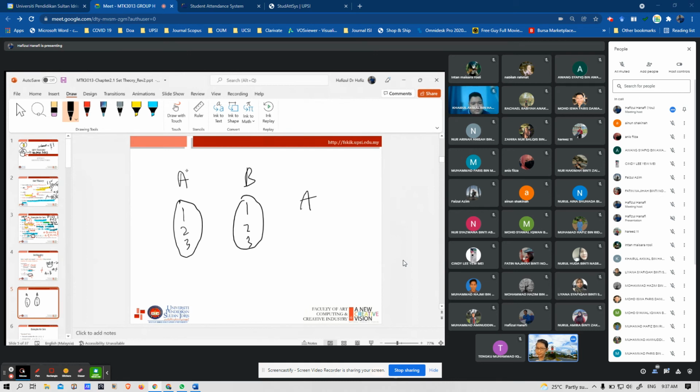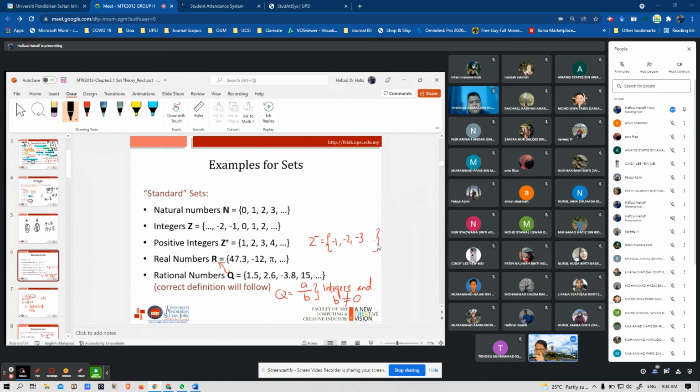We can say set A is equal to B. But if set A only contains 1, 2, then we can see that set A is not equal to set B, because the elements differ. This is one example for sets.